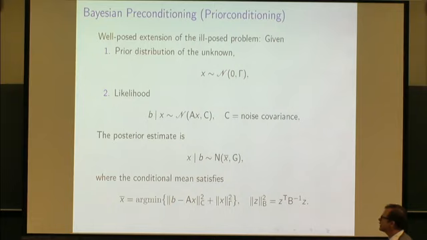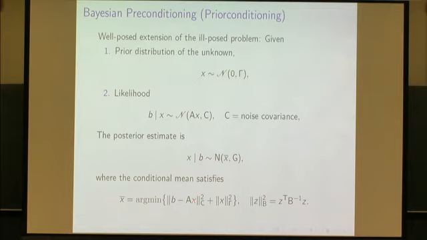And then, as we do in the Bayesian framework, we ask what is the posterior distribution of x given b. What you know from the general theory is that x is again Gaussian, so the posterior density is Gaussian with mean x bar and covariance G. I'm not so much interested in the posterior covariance in this talk, so I'm concentrating on the mean.